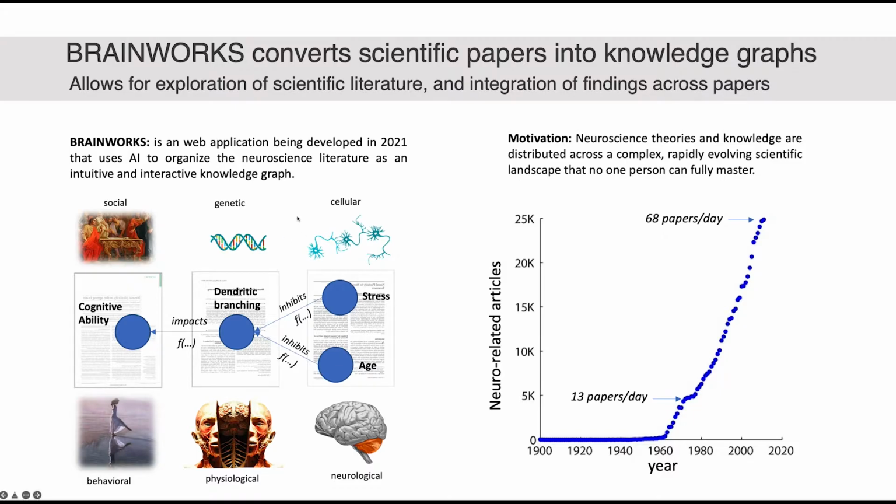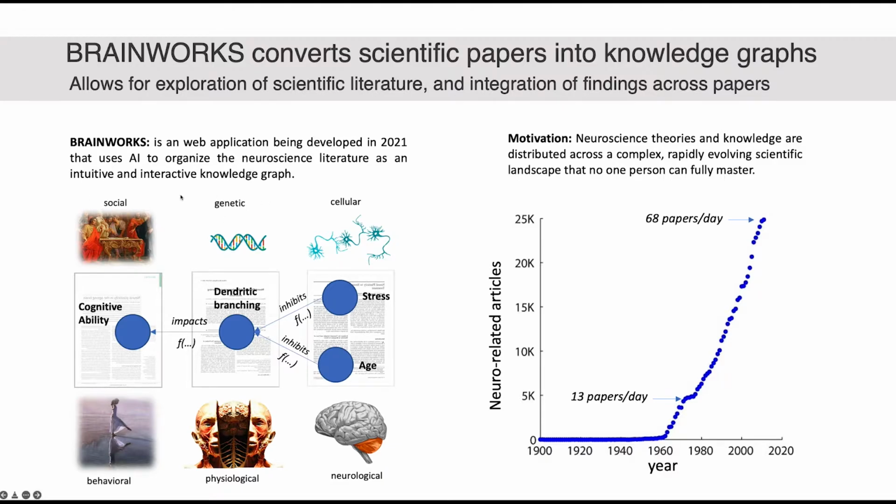So what we decided the specific goal of the year would be was to build a web application, actually, the stuff we're talking about in this course. And that web application was going to use AI, as well as obviously all the things that we've discussed to date in the class, to organize the neuroscience literature and the broader scientific literature, in fact, as an intuitive and interactive knowledge graph.